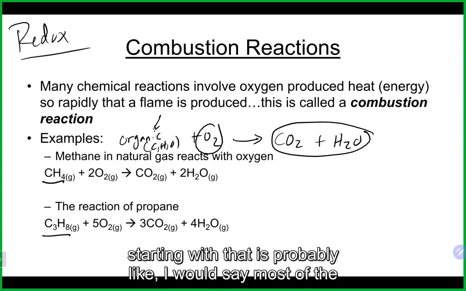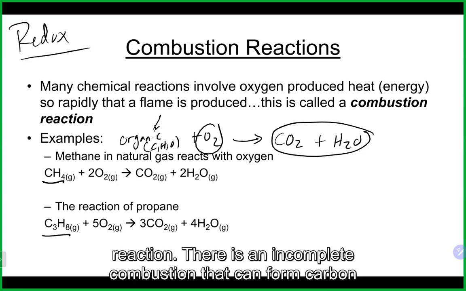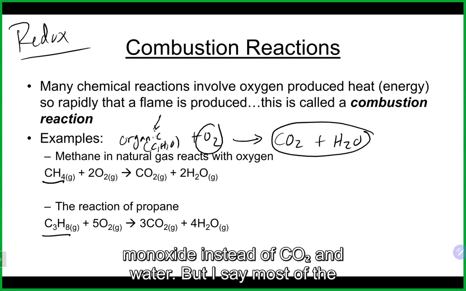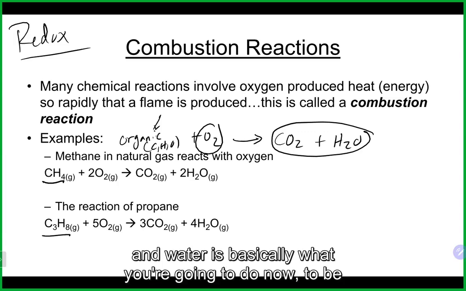That is most of the time what people are talking about with a combustion reaction. There is an incomplete combustion that can form carbon monoxide instead of CO2 and water, but if they don't say it's an incomplete combustion, then CO2 and water is what you're going to make.